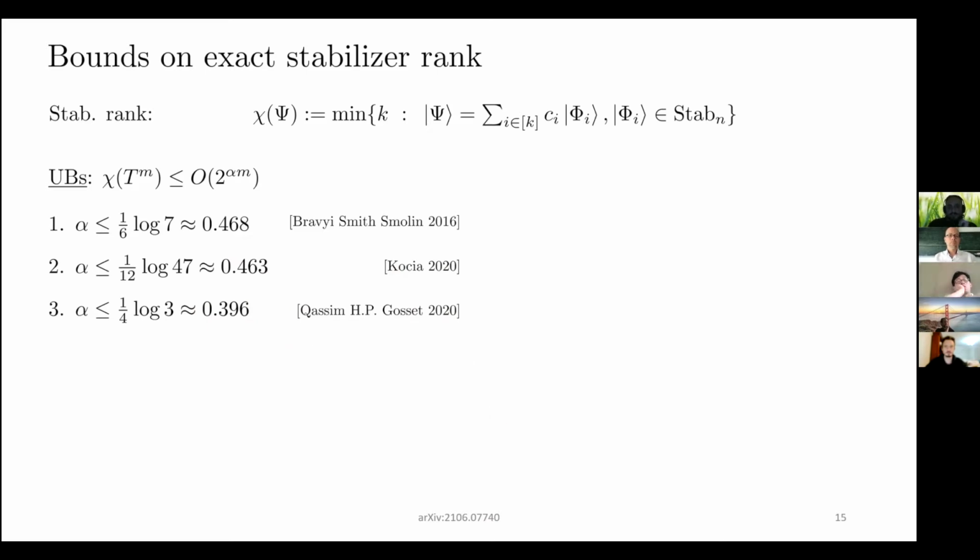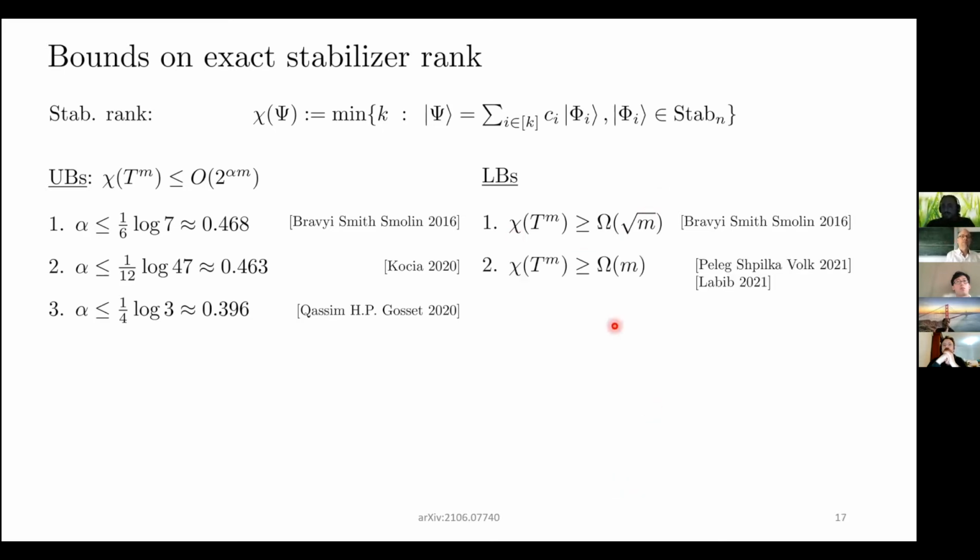But before I do, I want to talk about what is known about lower bounds, because on the lower bound side, we expect to find some exponential lower bounds, but the lower bounds are actually pretty far from exponential at the moment. Bravyi-Smith-Smolin showed a square root lower bound for the stabilizer rank. And recently, this was improved to a linear lower bound.